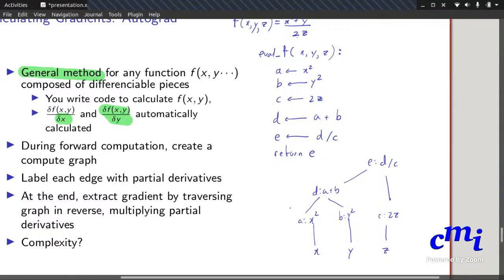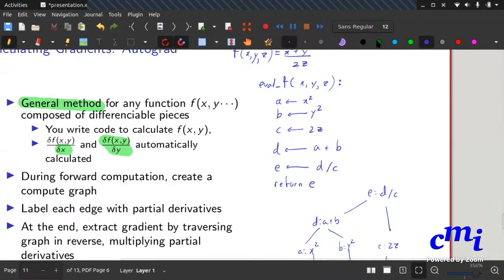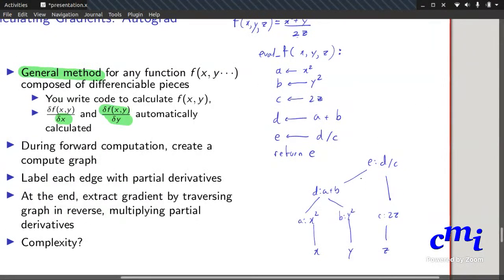So firstly, notice that you can label each edge by a partial derivative. So e, for example, is a function of d and c, so I can take the partial derivative of e with respect to d and c.